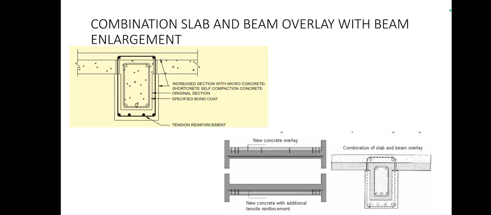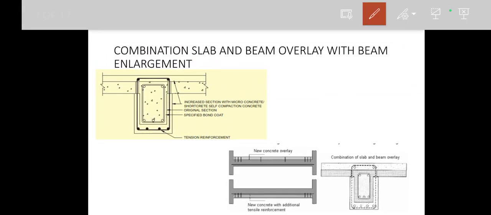In that case, based on the adequacy, whether it is for hogging or sagging, we have to identify. Suppose in hogging the strength should be increased, we have to provide the reinforcement on the top of the slab. Sagging means we can provide it at the bottom. Then we have to drill the hole so that the reinforcement, the stirrups, can enter into the top also.